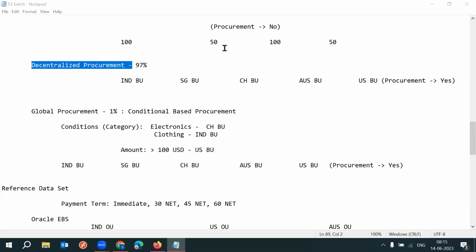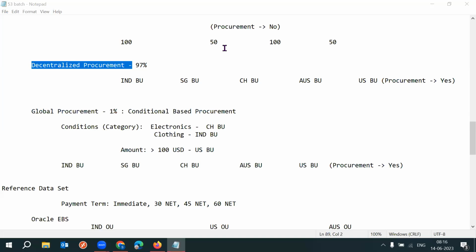Decentralized has an option for multiple selection. I understood your situation. I understood your question.